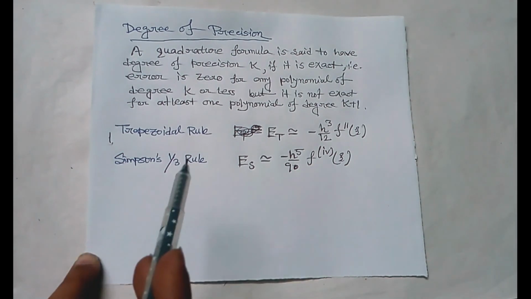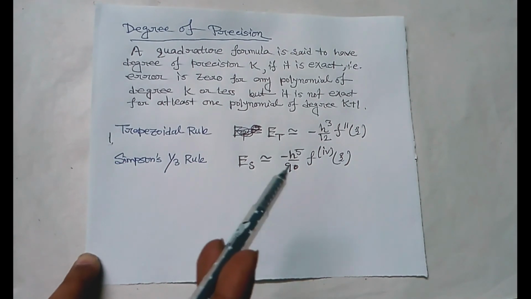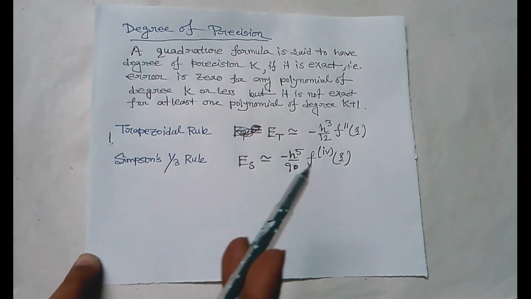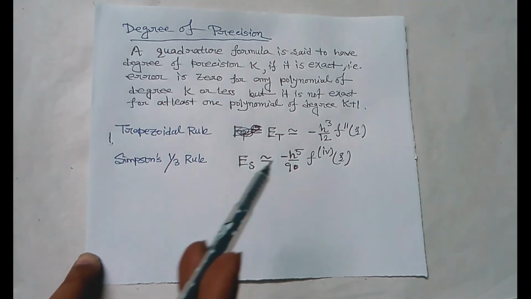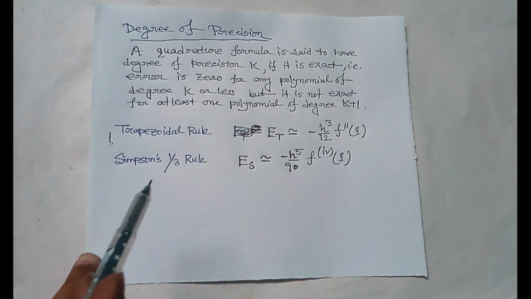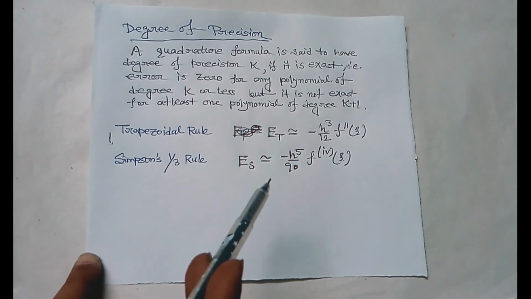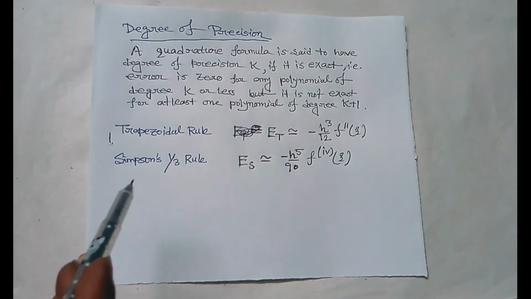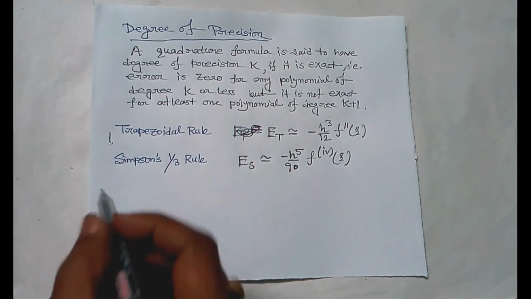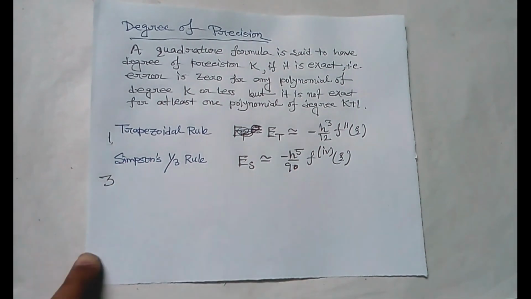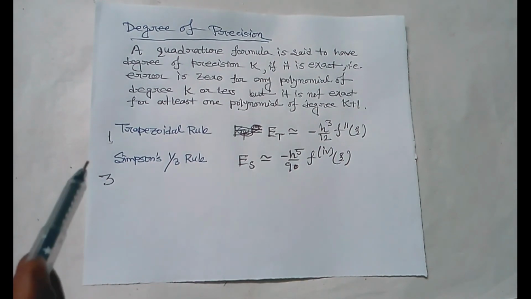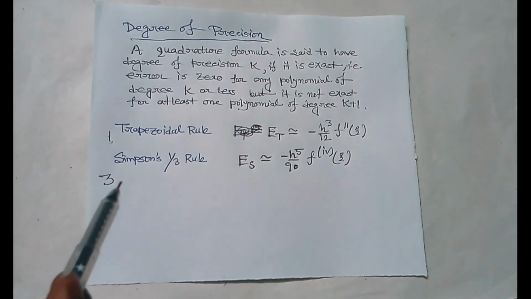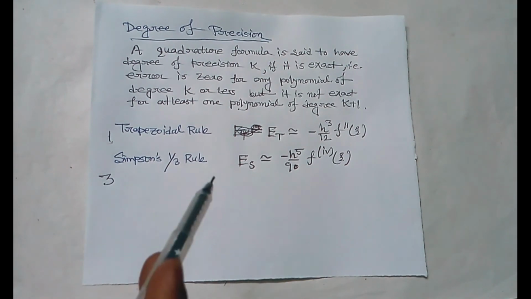That means the error term is 0 for any polynomial of degree less than or equal to 3, so Simpson's one-third rule is exact for such polynomials. Therefore, the degree of precision for Simpson's one-third rule is 3. So 1 is the degree of precision for the trapezoidal rule and 3 is the degree of precision for Simpson's one-third rule.